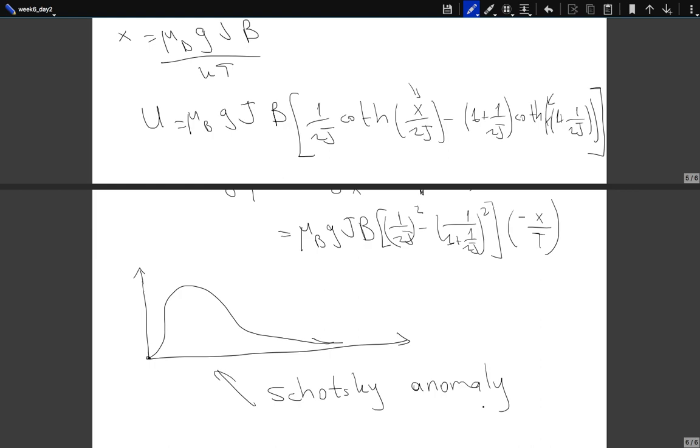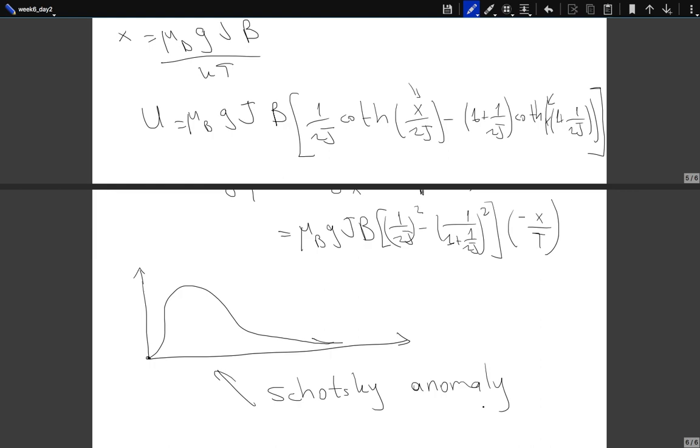So basically what's happening is at low temperature, there's only the ground state. If you start increasing the temperature, there are all other possible available states to the system. So basically the energy just increases very fast initially. Then it keeps on increasing but slowly.